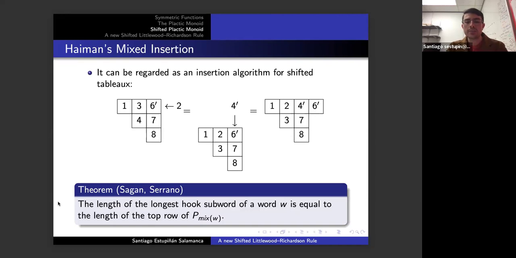In this case, instead of using increasing or decreasing words, you want to think about hook subwords. A hook subword is a word that is strictly decreasing and then weakly increasing. And the length of the longest such subsequence in a certain word is equal to the length of the top row of the mixed insertion of that word. And so this seems like the most natural candidate for a plactic monoid in this setting.